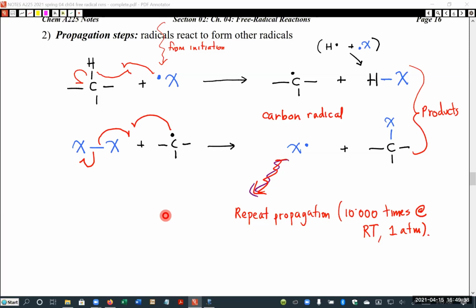It's a reaction that just keeps repeating over and over again until something else happens to stop it. In general, again, at 1 atmosphere pressure, room temperature in the gas phase, this will repeat 10,000 times before it ends, on average. So we make a lot of product.